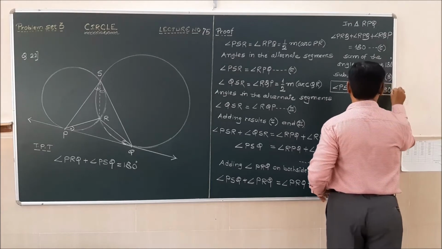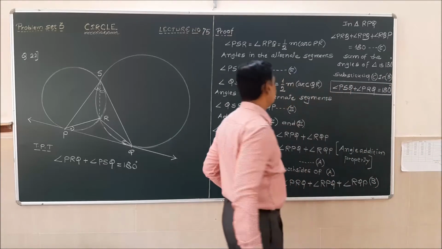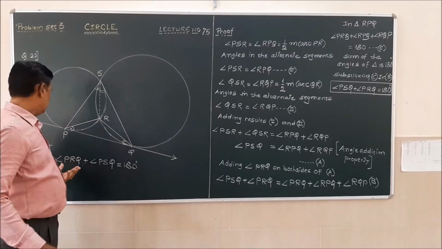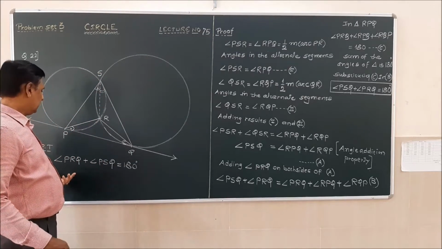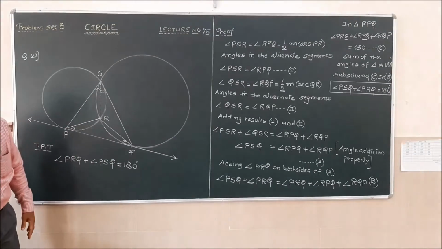So this is our required result, that PSQ plus PRQ is equal to 180. We have to prove this result.